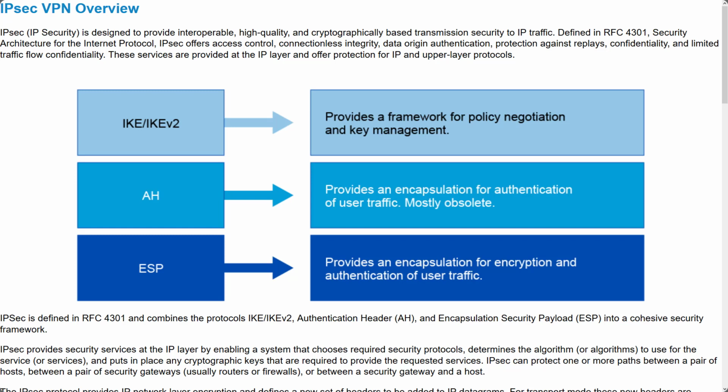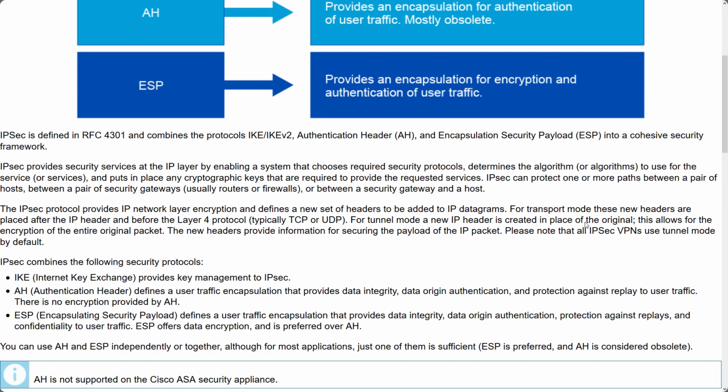Authentication Header, part of the IPsec protocol suite, doesn't provide encryption though, doesn't provide for confidentiality. So oftentimes you'll see AH and ESP being used together in conjunction to provide both the authentication process and the encapsulated security payload process, which is our encryption process.